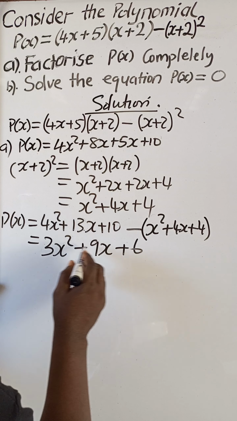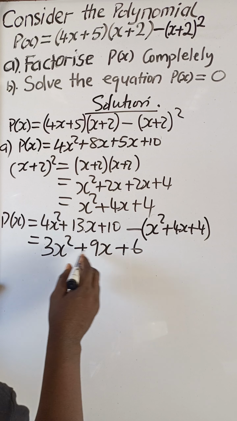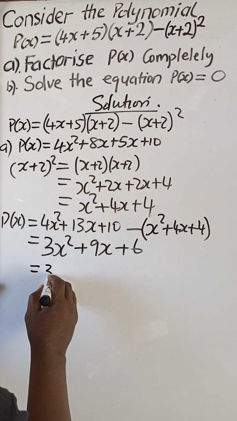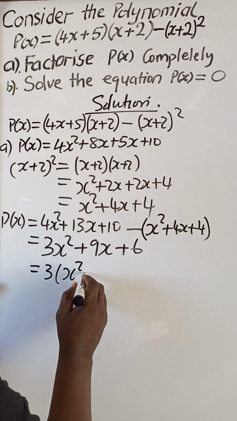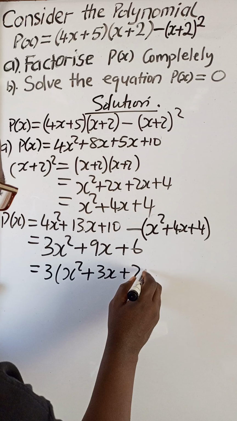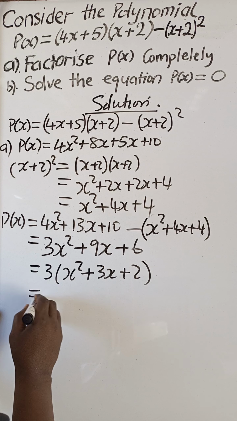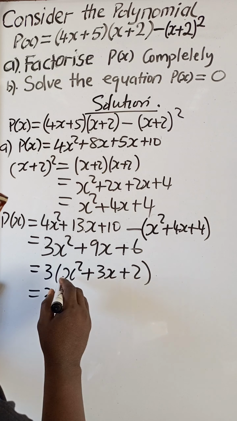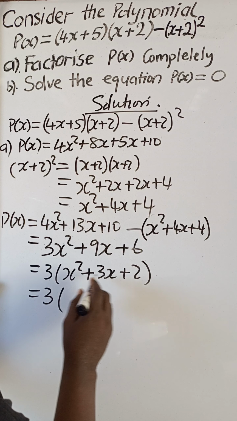If we look at it carefully, we'll see that 3 is common, and so we'll have 3 outside, into x squared plus 3x plus 2. Let's factorize this inner quadratic expression.